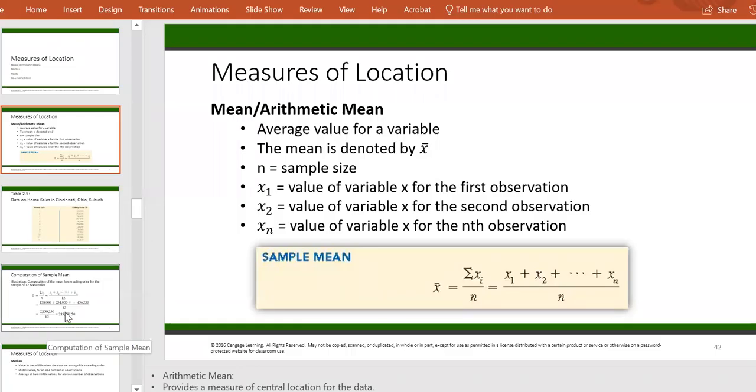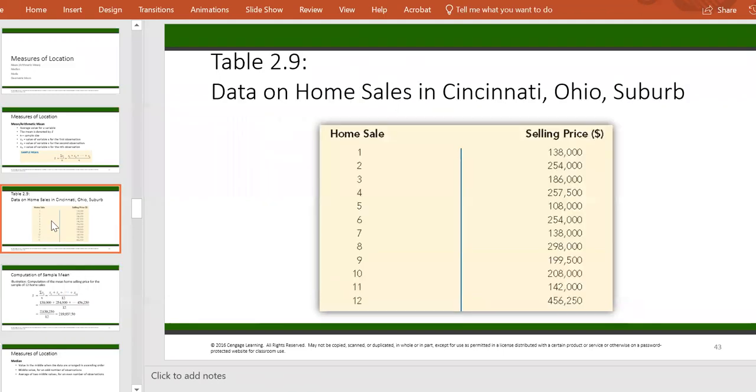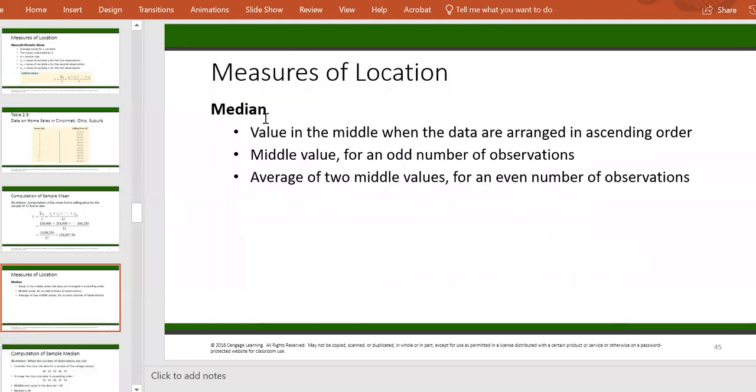Moving on to the median. Median is the value in the middle of a data set. For finding the median manually, you have to sort the data, let's say in ascending order, and then pick the value in the middle. If you have an even number of observations, for example 4 observations, you have to pick the value in the middle of the 2 values in the middle.